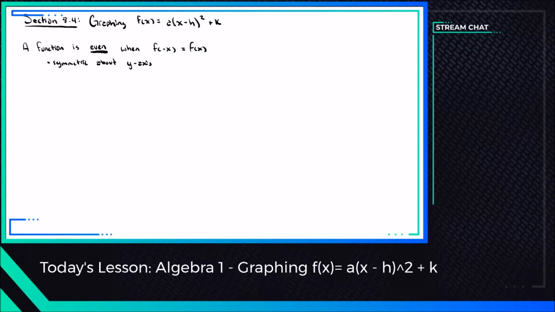And then you can have an odd function, and a function is odd when f of negative x ends up resulting in the entire original function being made negative. And so that's going to be symmetric about the origin.